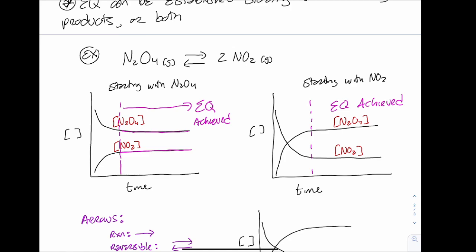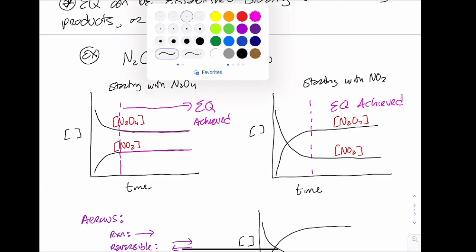I would have a 1/2 in front of that. So do note that my rates, right? I didn't put a scale on there, but these rates are going to be 1/2 of this. It's smaller because of this coefficient of 2, right? We can't forget what we learned in chapter 12.